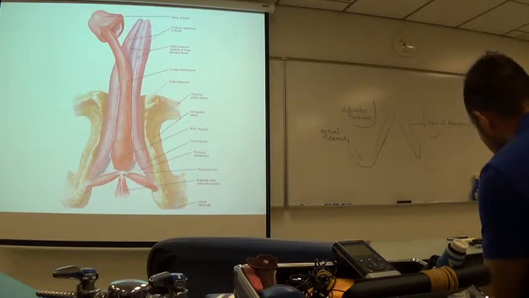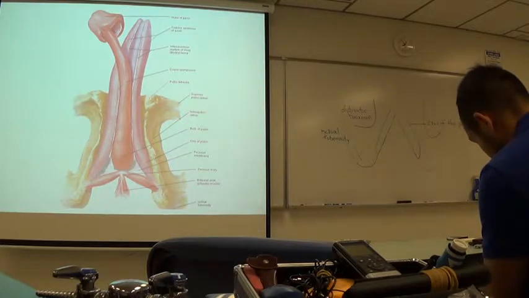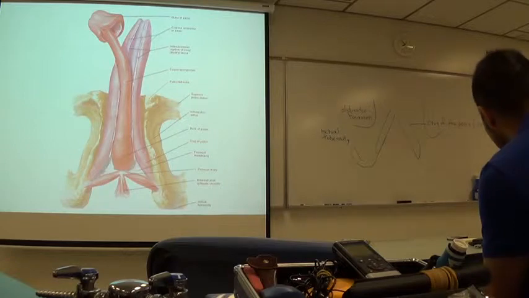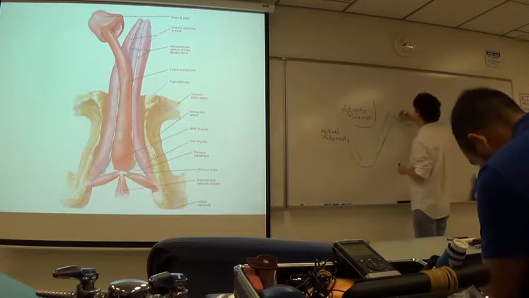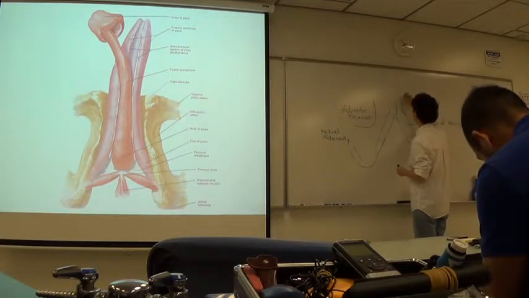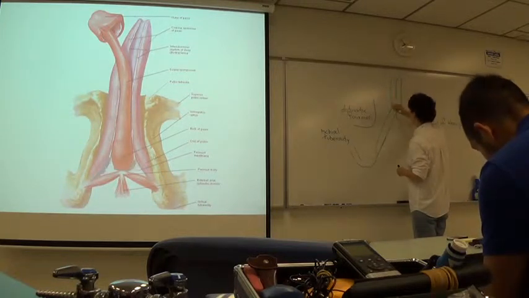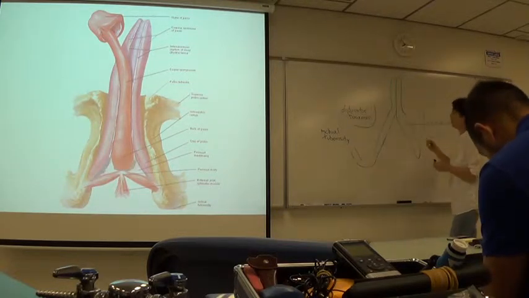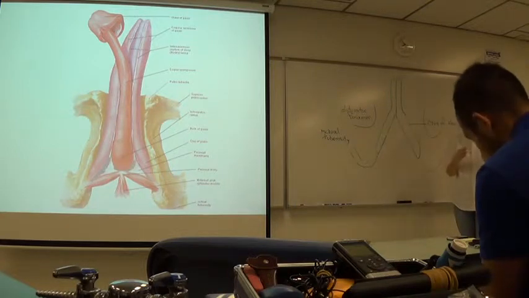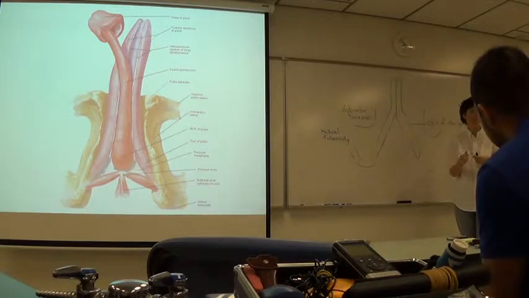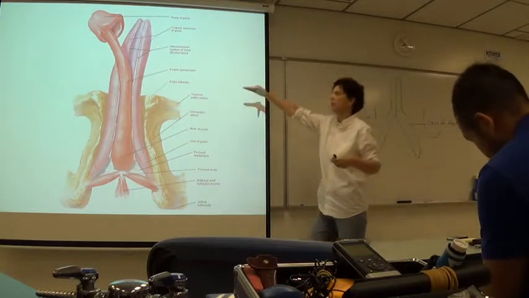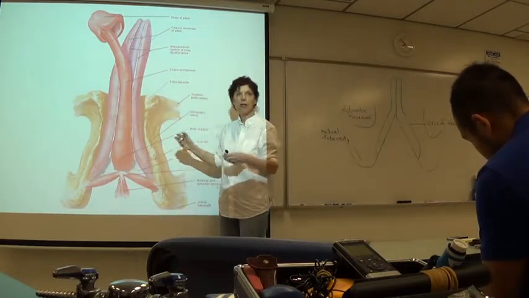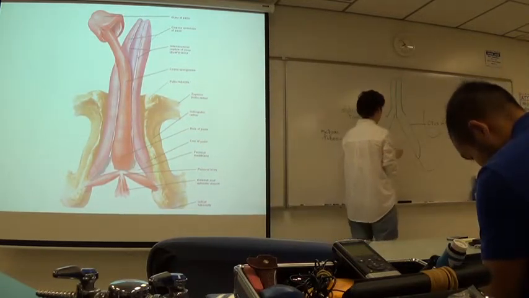The plural term is crura. So crus of the penis, and then where it's no longer attached to the bone, it's free of the bone, then this is known as the corpora cavernosa. Okay? So where it's free of any bony attachment to the rami, it's corpora cavernosa.